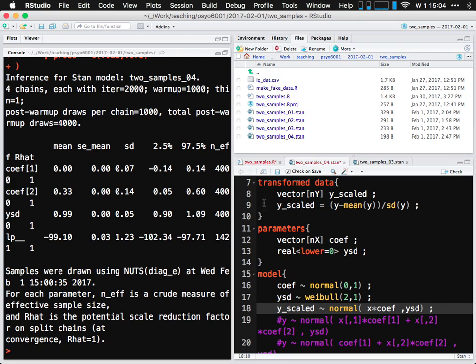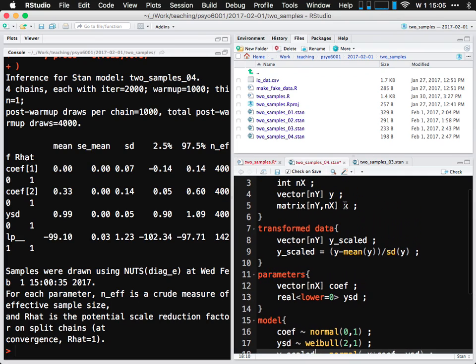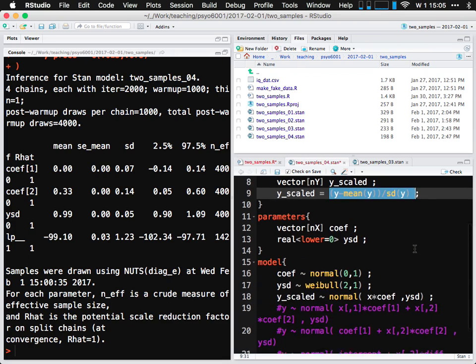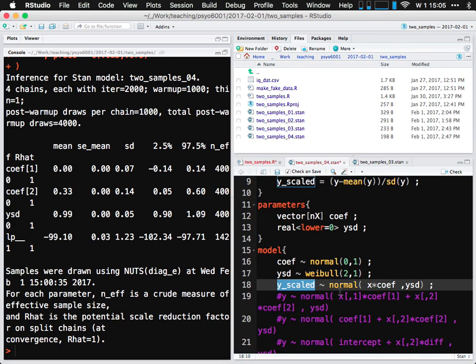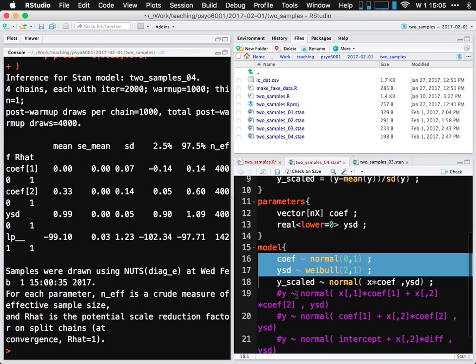Before, we were passing in the scaled version of y as what y was. Now we're going to pass in the unscaled version of y and compute this new thing called y scaled. Having the model with y scaled on the left side of the tilde means that we can have these nice default priors.